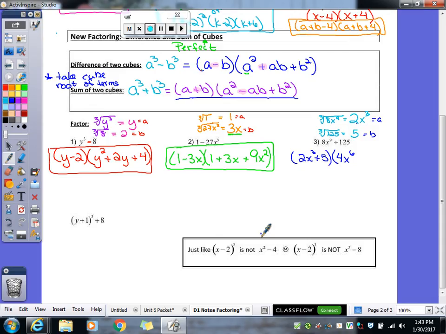Also, you square your x to the third. And then it's minus, this time, multiplying these two together. So 2x to the third, or times 5, gives us 10x to the third. And then we end it with a plus b squared. So plus 5 squared, which is 25. And that's our answer for that one.